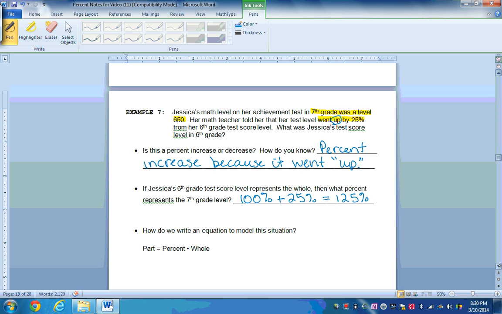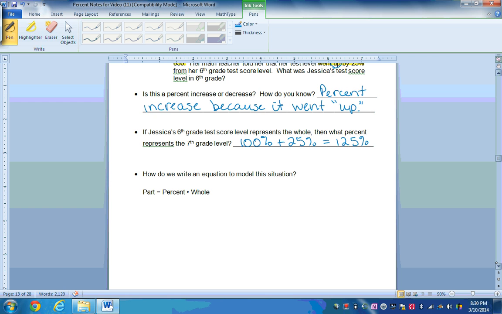So if we go ahead and use the equation, part equals percent times whole, the part is her 7th grade score, which was 650, and that's equal to her 6th grade score percent, which is 100%, plus the 25% increase, times the whole amount, and that's her 6th grade score, and we don't know it.